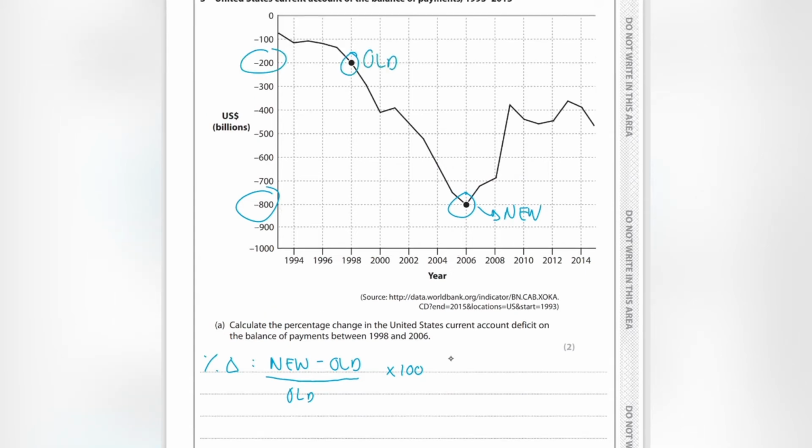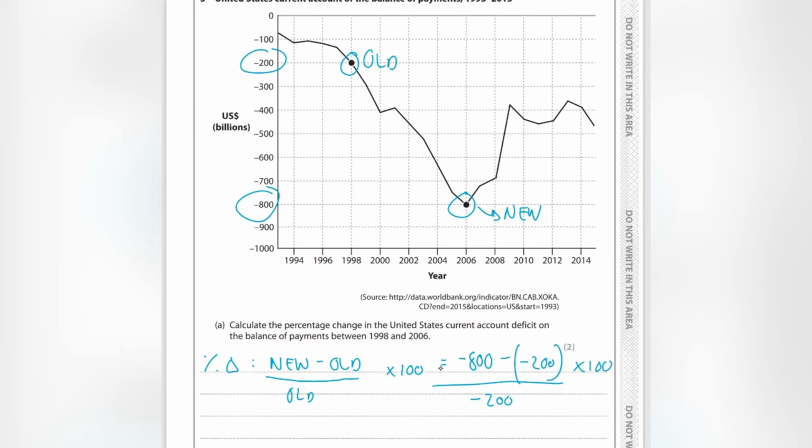So if I plug that into my calculator, I would do minus 800 minus, careful now, minus 200, divided by minus 200, times 100.